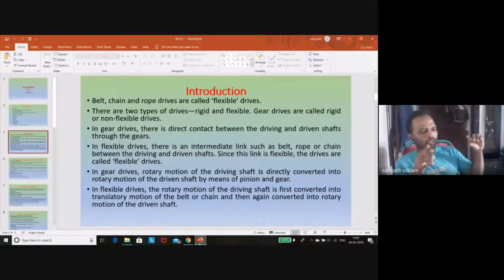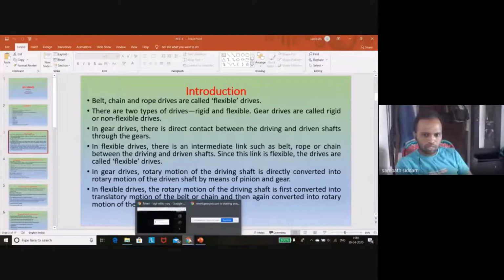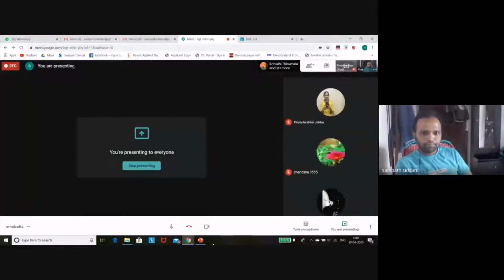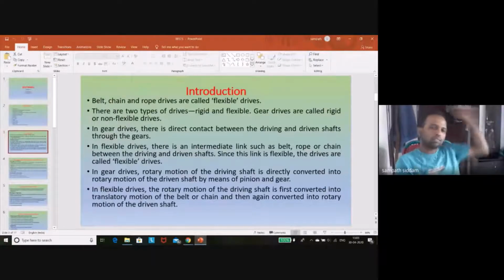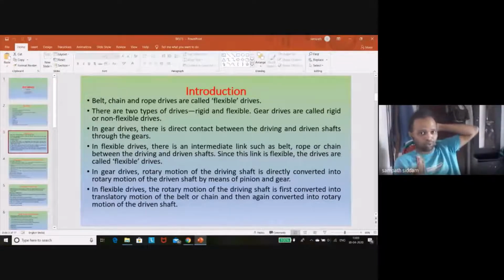But when you have ropes transferring from one end to the other end, you can have an effect in the case of belts as well as rope or chain drives. So that is the major advantage or maybe a disadvantage put together. Both advantages and disadvantages are there. We'll learn what the advantages and what the disadvantages are.